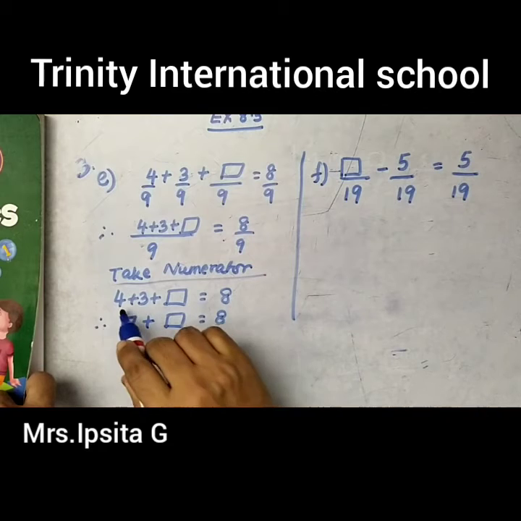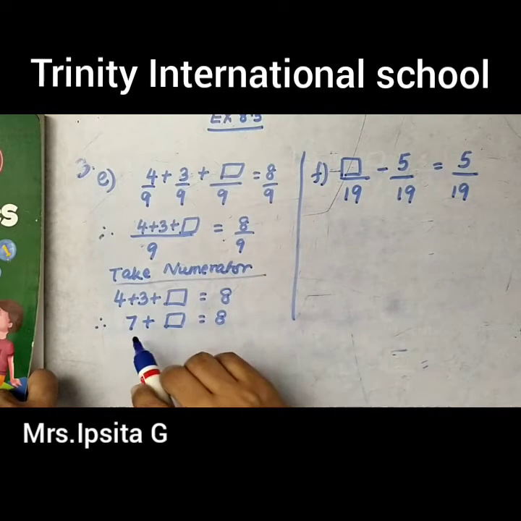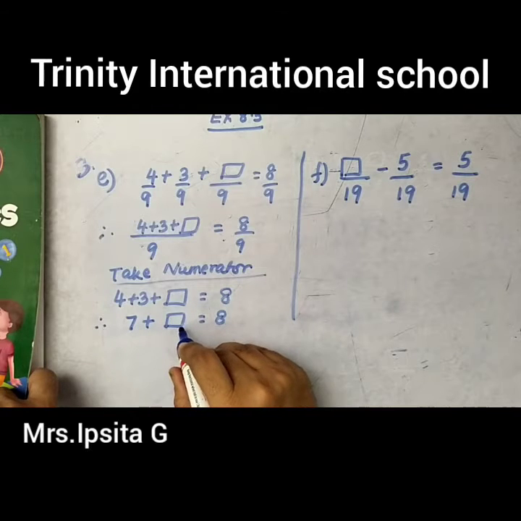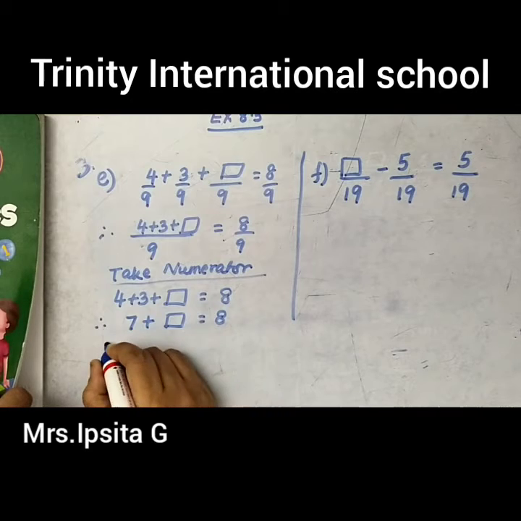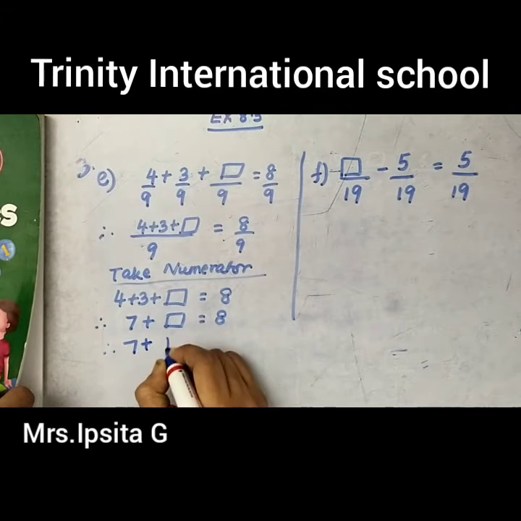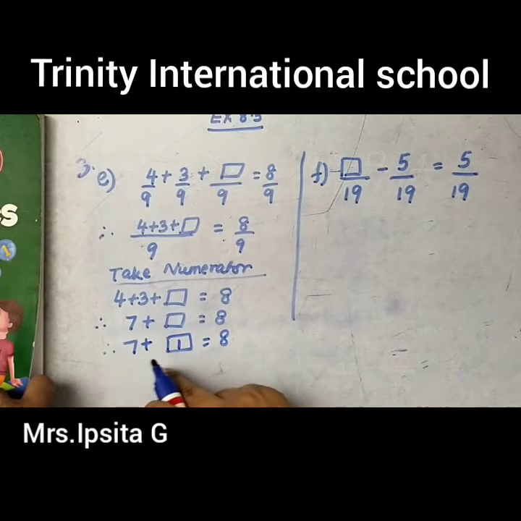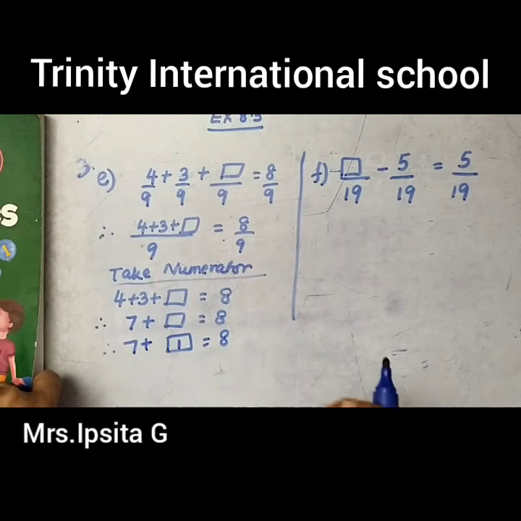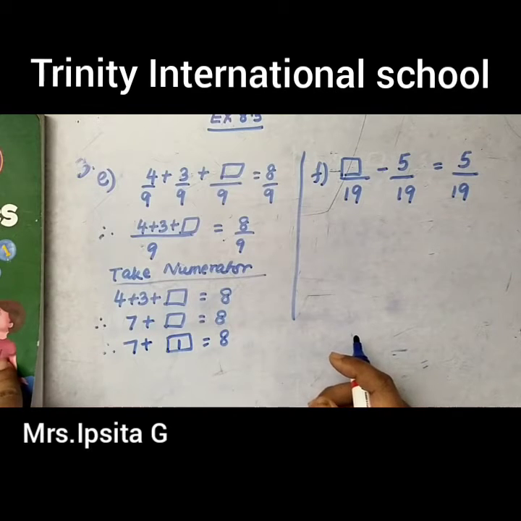Now here you can see 4 plus 3 is 7 plus box is equal to 8. So when you are adding 1 to 7 you get 8. So it is very easy. So you can write here easily. So if you are adding 1 to 7 you will get 8. So you have got the missing number.